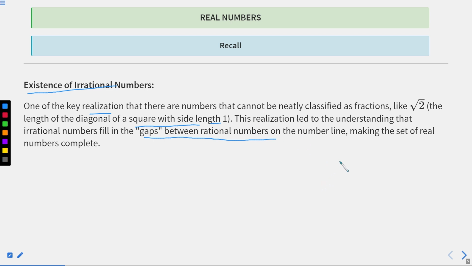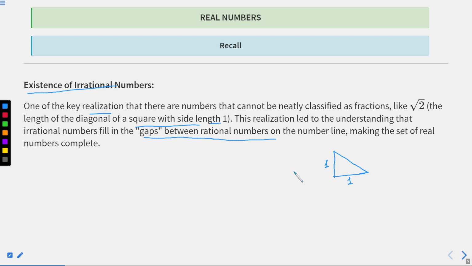He worked with a right angle triangle whose sides are 1 unit and 1 unit, and he discovered the Pythagoras theorem. The theorem states that base square plus height square is equal to hypotenuse square.